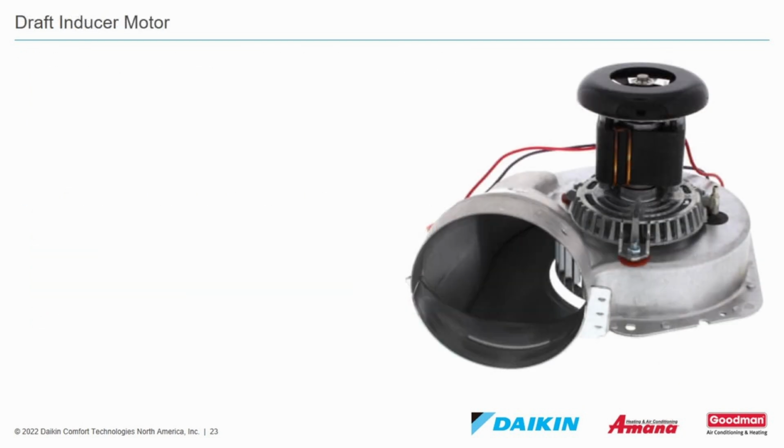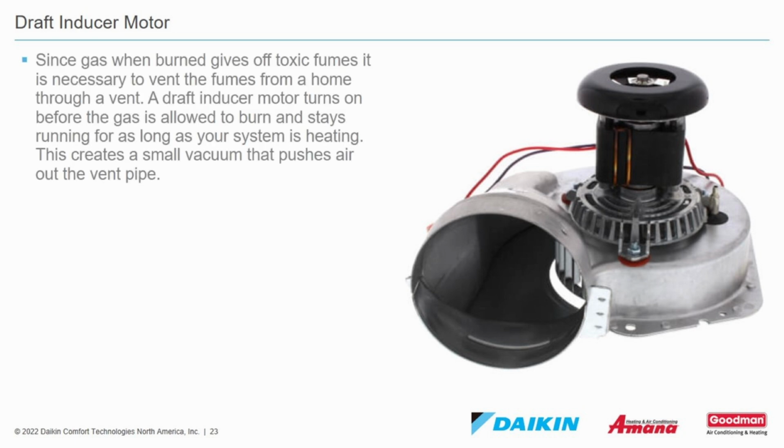Draft inducer motor. Since gas, when burned, gives off toxic fumes, it is necessary to vent the fumes from a home through a vent. A draft inducer motor turns on before the gas is allowed to burn and stays running as long as your system is heating. This creates a small vacuum and pushes the air out of the vent pipe.